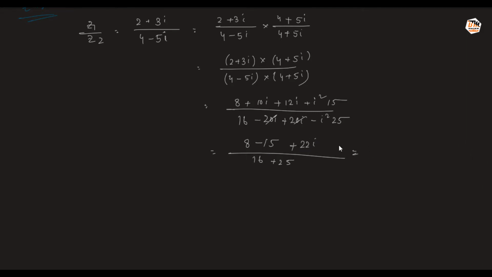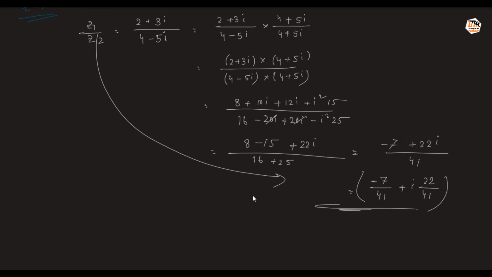So this will be minus 7 plus 22i divided by 41, and we can separate this as minus 7 by 41 plus i of 22 by 41. So this is for dividing.